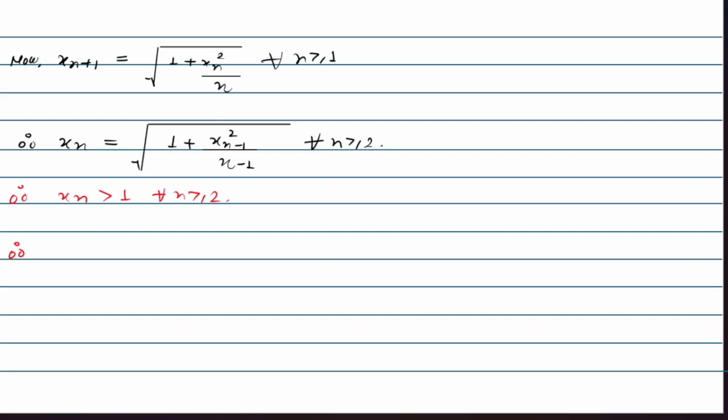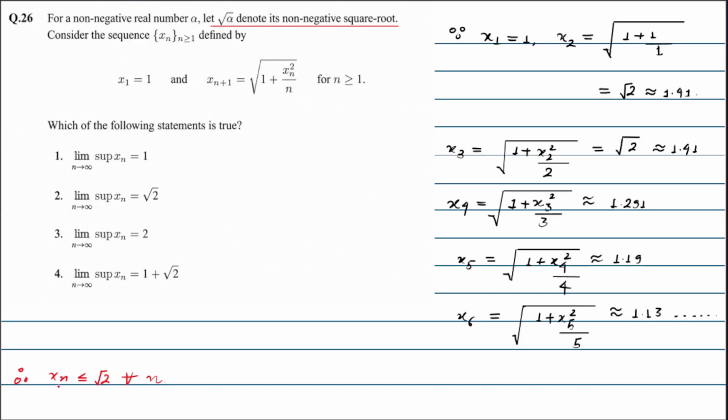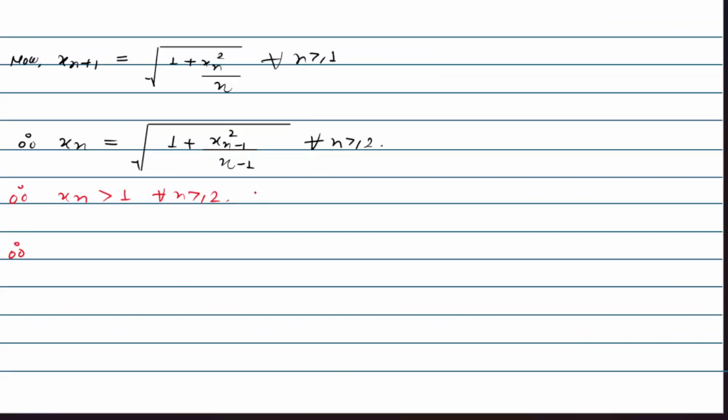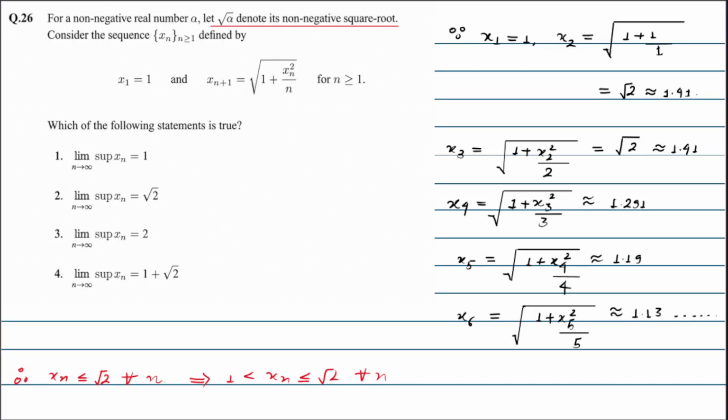Therefore, as we know that xn is less than or equal to root 2, from here we can say that 1 is less than xn, and xn is less than or equal to root 2 for every n. Here we have n greater than or equal to 2, but this is an infinite sequence, so there is no impact of a finite number of terms which we neglect.